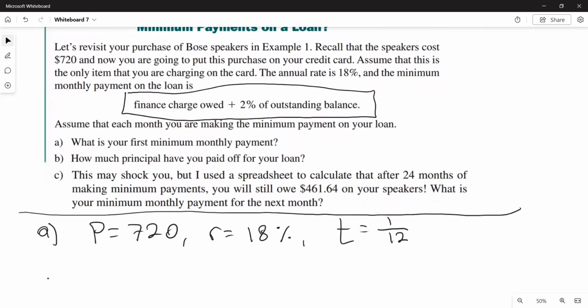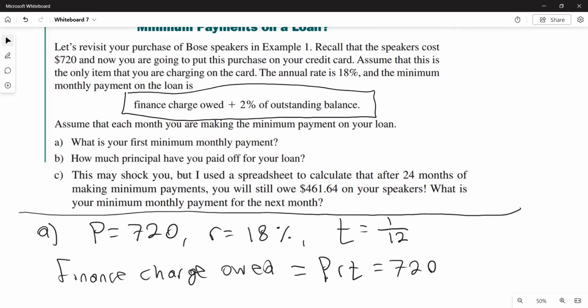The finance charge is PRT. So this is 720 times 18% times 1/12. And that is equal to $10.80.